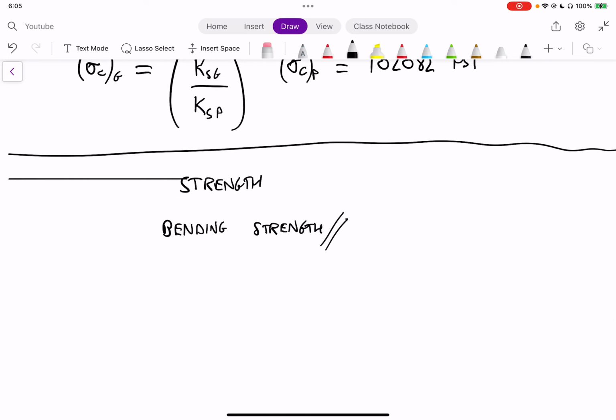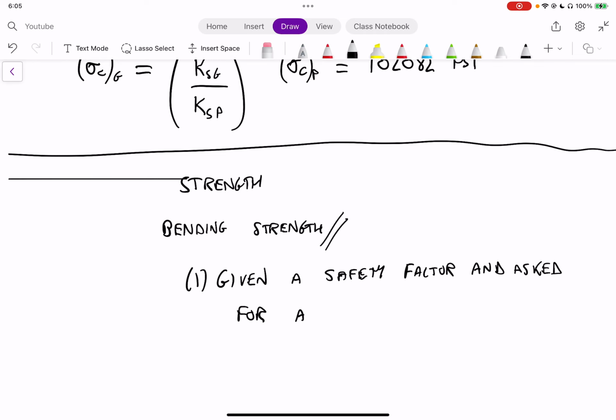We're going to have two different types of problems that we're going to have to solve for. The first type of problem is given a safety factor. We're given a safety factor that we have to achieve, and as designers we would be asked for a minimum allowable strength.